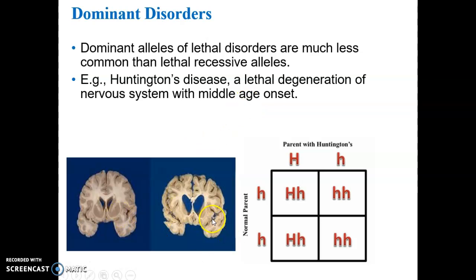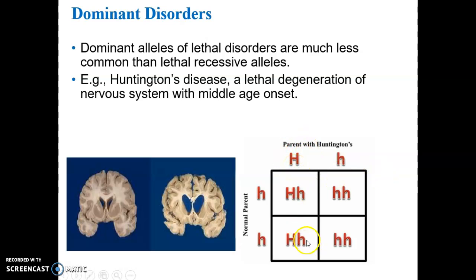So if a person doesn't know that they actually have this condition when they're younger, but they reproduce, then notice in the Punnett square here, half of the offspring will inherit the dominant allele, in this case capital H, for Huntington's disease. The parent with Huntington's disease, with the dominant allele, mates with the normal individual that is homozygous recessive. They don't have the allele. The defective allele here is the dominant one.